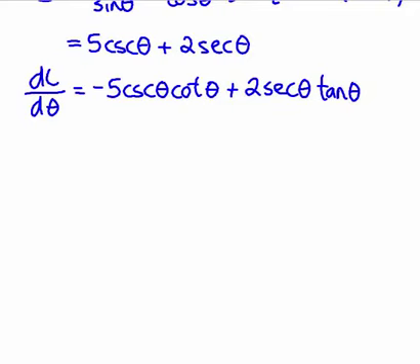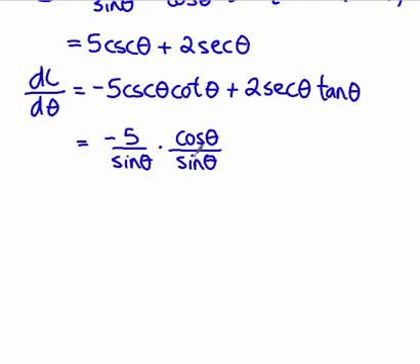It's going to be easier to work with this in terms of sines and cosines, I think. So I'm going to rewrite this as negative 5 over sine theta times cotangent, which is cosine theta over sine theta. And then plus 2 secant, which I'm going to write as 1 over cosine, and tangent, which I'm going to write as sine over cosine.